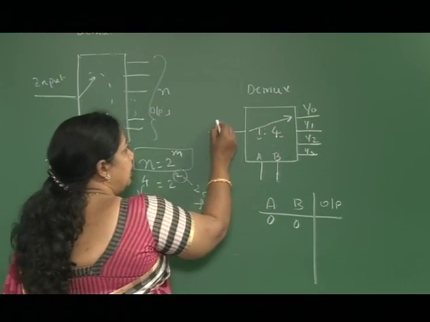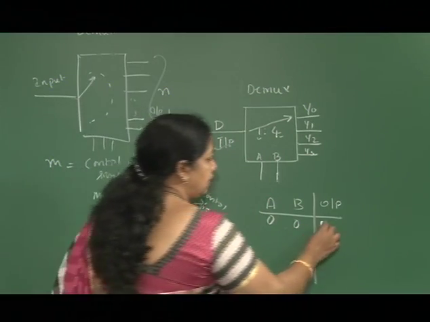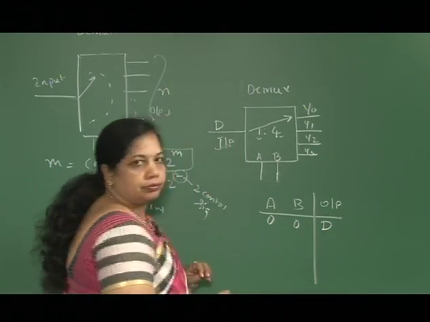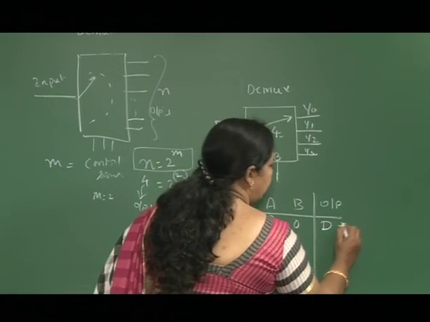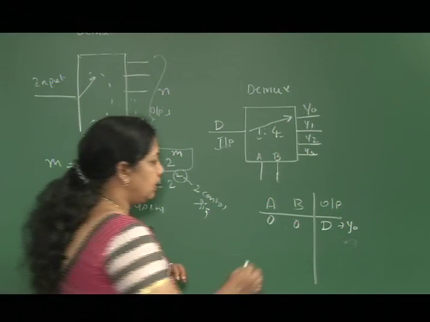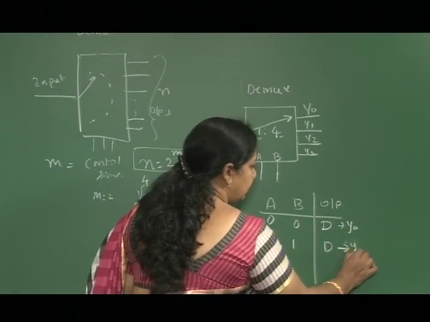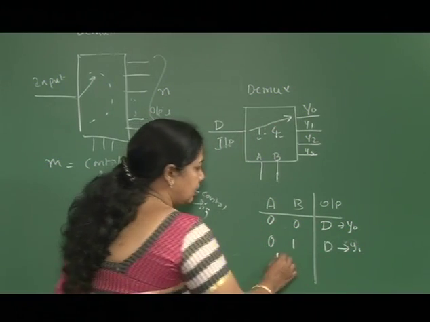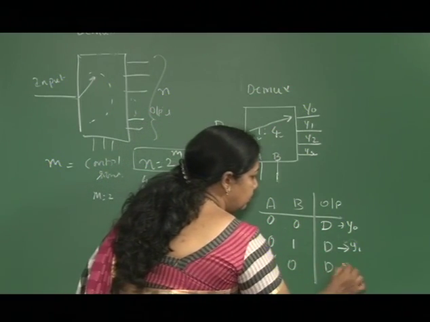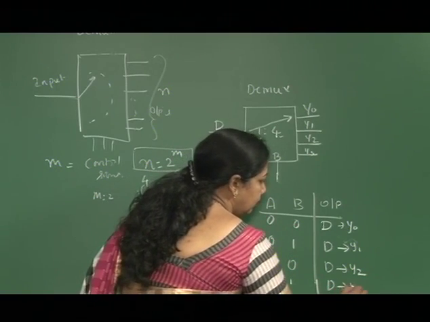Suppose my input is D, then D comes at the output line Y0. Whenever the control is 0, 1, D comes at Y1. For 1, 0, D goes to Y2. For 1, 1, D goes to Y3.